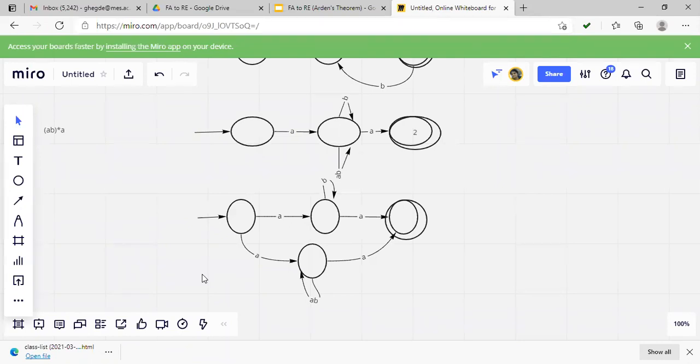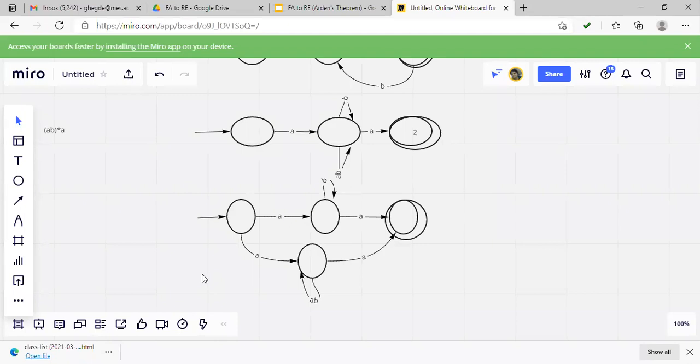Sharvari, Abhishek, Ojas, everyone says it is the same. Is there anyone who says it is different? It is the same. Shreya says the same.